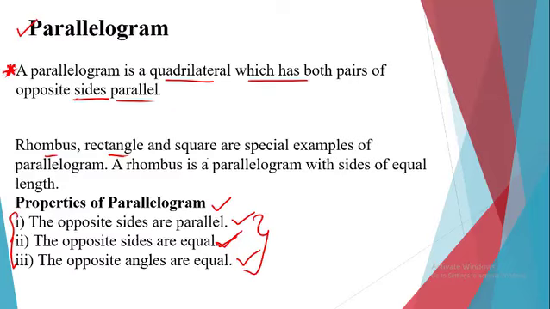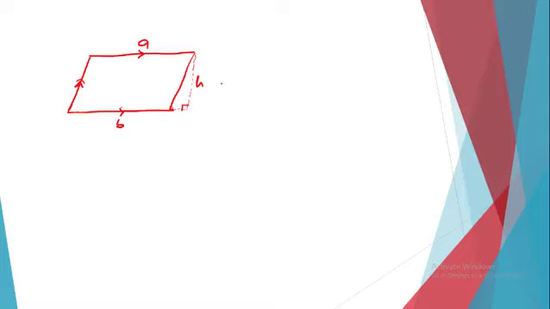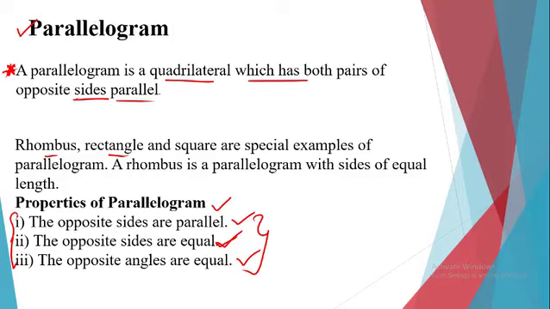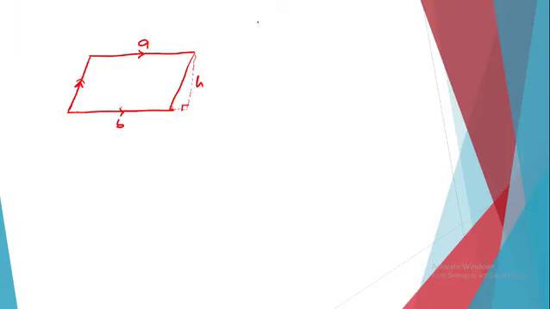Parallel to each other. Okay. Secondly, they said that the opposite sides are equal. If this is 12 cm, here also is 12 cm. If A is 3 cm, B also is 3 cm. Likewise, the opposite angles are equal.